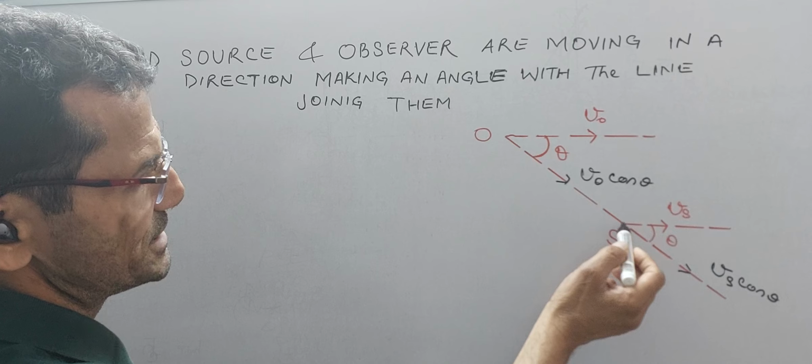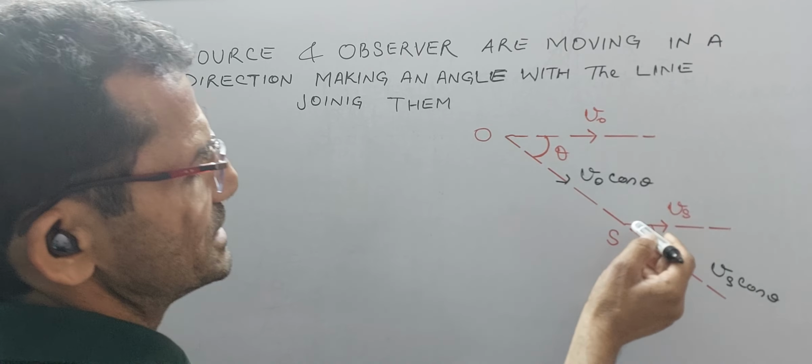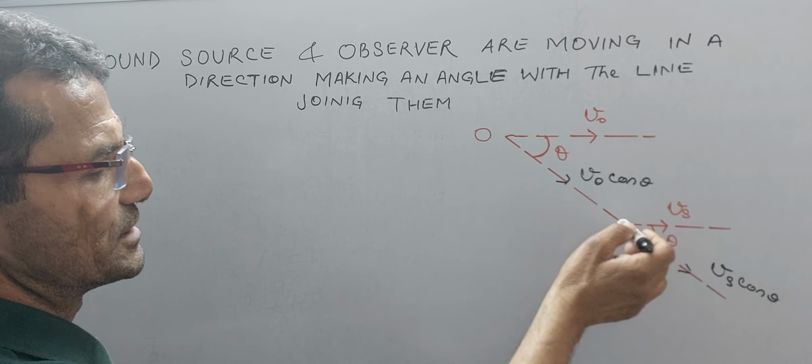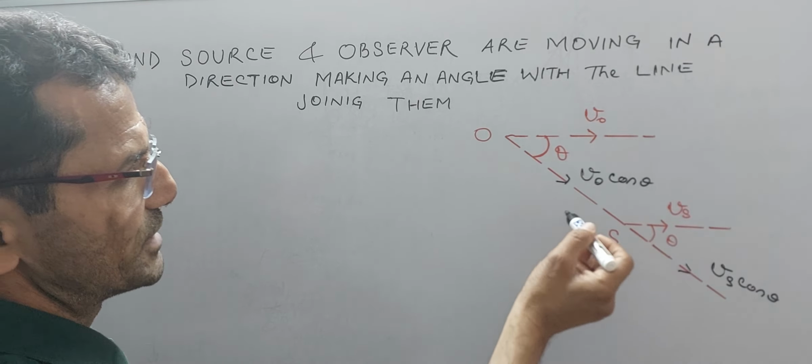Sound produced by the source moves in all directions, and one way to represent it is along this line. Our source velocity is along this line, and the sound produced by the source is moving along this one also. So this is the direction of the velocity of the source which is heard by the observer.